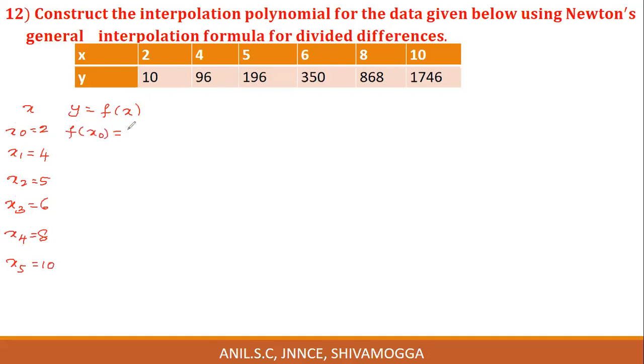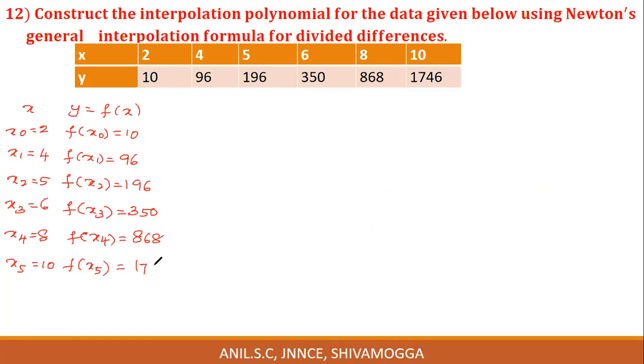F of x0 is equal to 10, f of x1 is equal to 96, f of x2 is equal to 196, f of x3 is equal to 350, f of x4 is equal to 868, and f of x5 is equal to 1746.